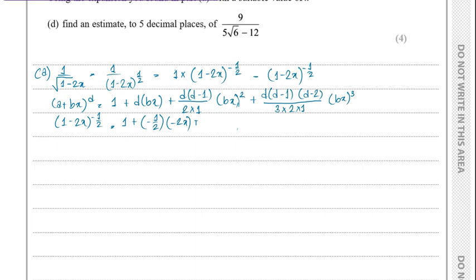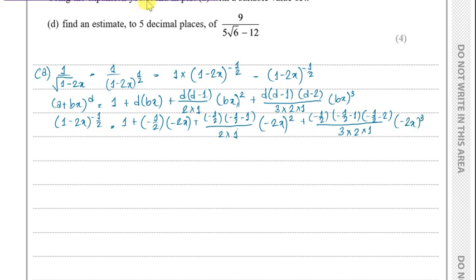Plus minus half multiplied by minus half minus 1 divided by 2 multiplied by 1, and b is minus 2, x to the power 2. Plus minus half multiplied by minus half minus 1 multiplied by minus half minus 2 divided by 3 multiplied by 2 multiplied by 1, and b is minus 2, x to the power 3.